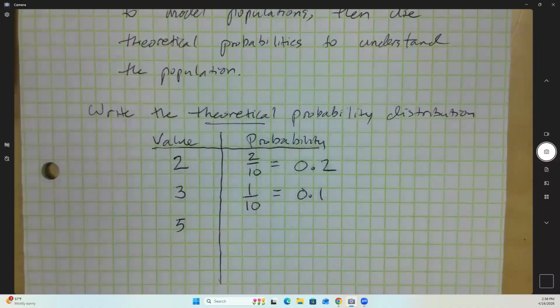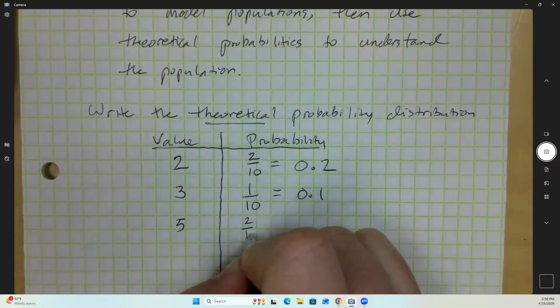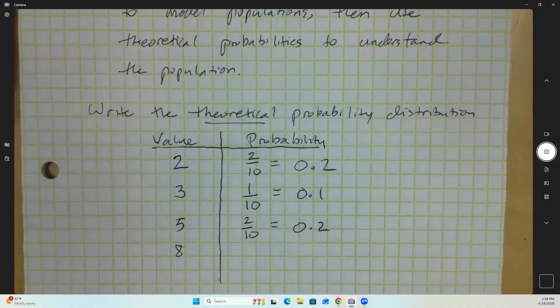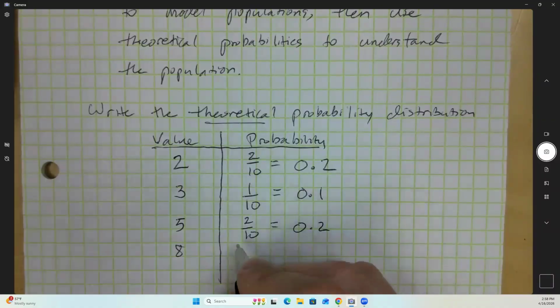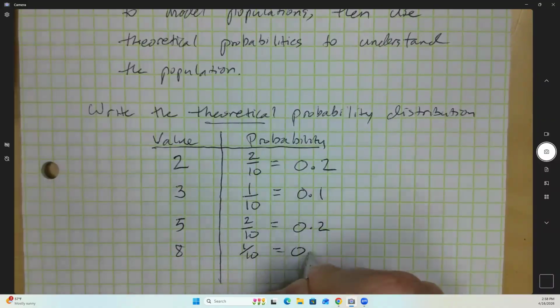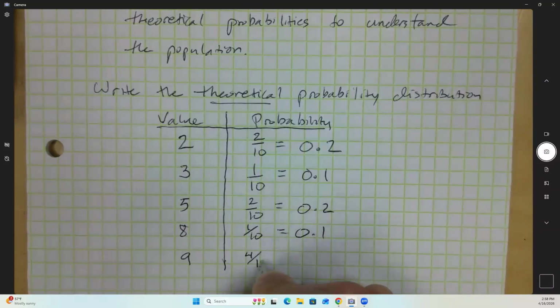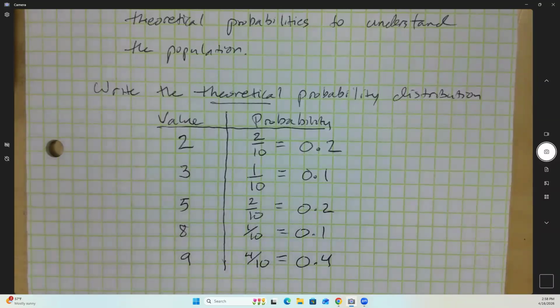Face value of 5, there were 2 of those, 0.2. Face value of 8, there was 1 of those. And a face value of 9, there were 4, 0.4. This is a probability distribution. This is a discrete probability distribution.